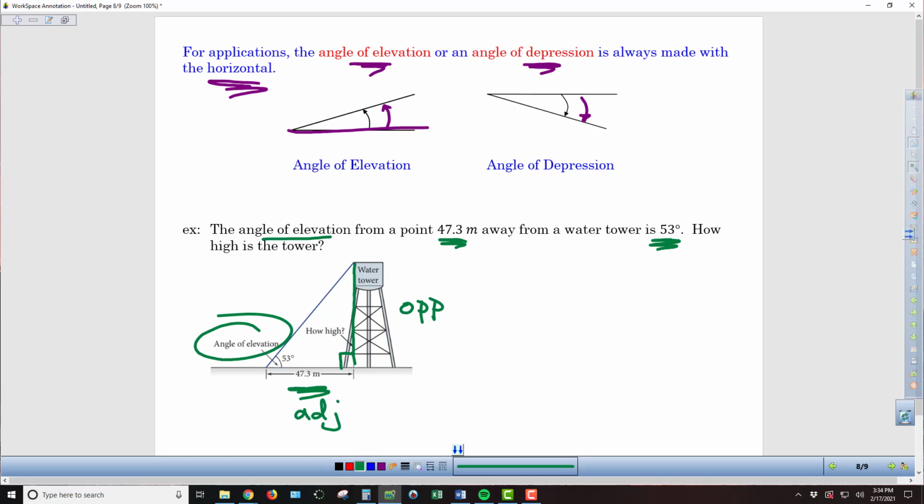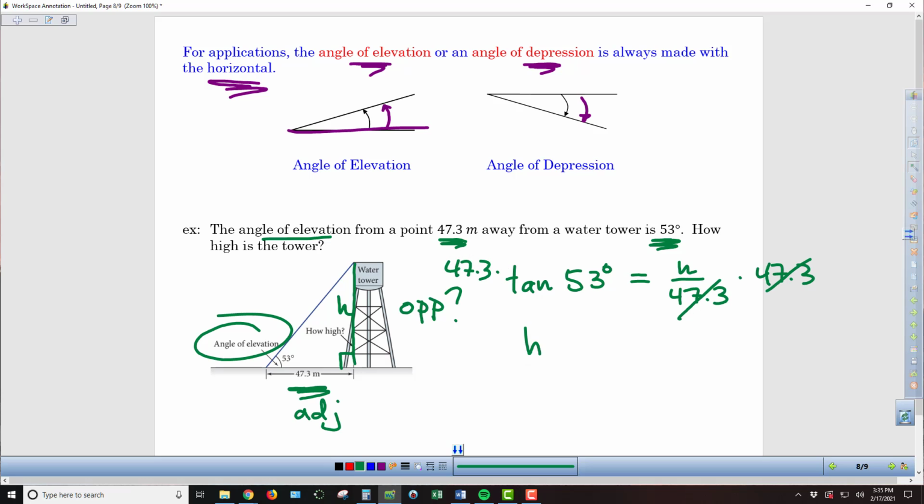And so if we go through our trigonometric ratios and think about which ones involve the opposite and adjacent, that's going to be your tangents and cotangents. So I'm going to use tangent of the angle that's given to me there, 53 degrees, is going to be equal to opposite over adjacent. So the opposite is what I don't know, so we can call that h for the height of the water tower, over the adjacent side, 47.3. So now we want to solve for h, so I'm going to multiply both sides by 47.3.